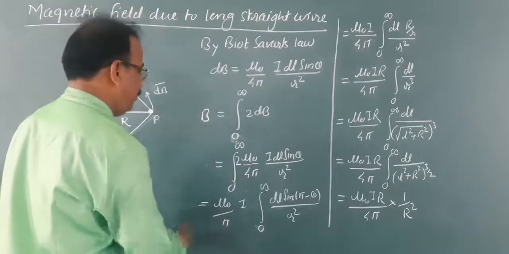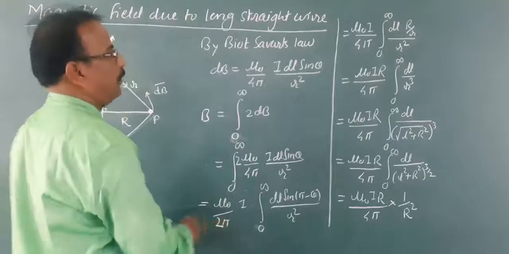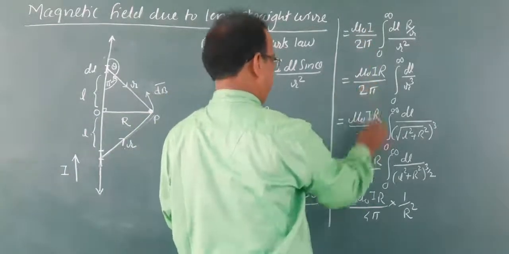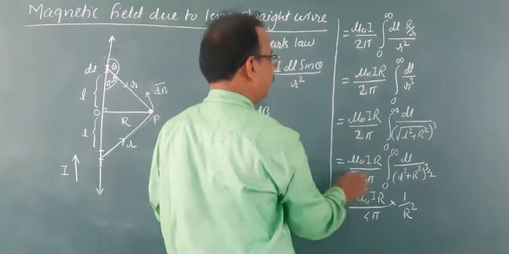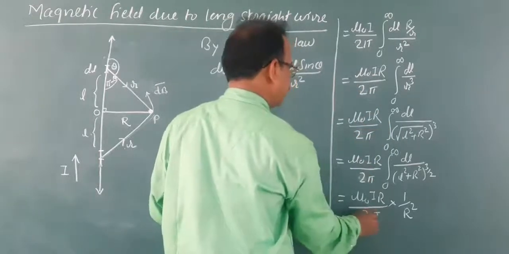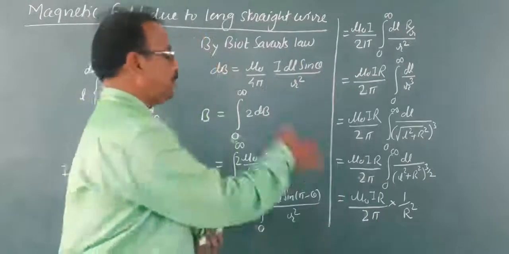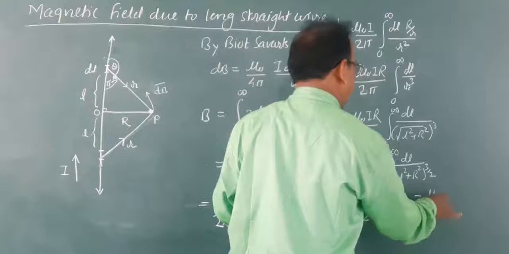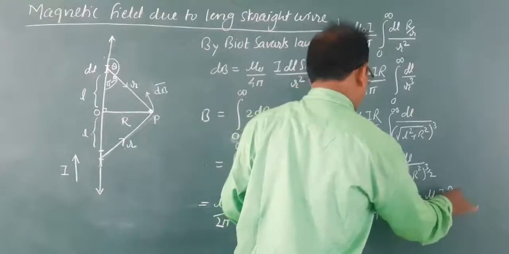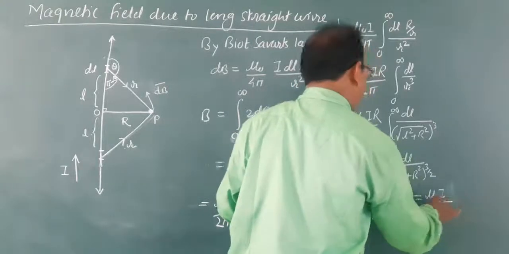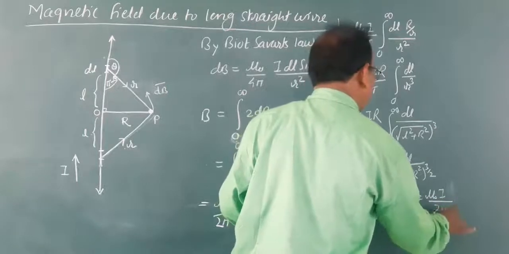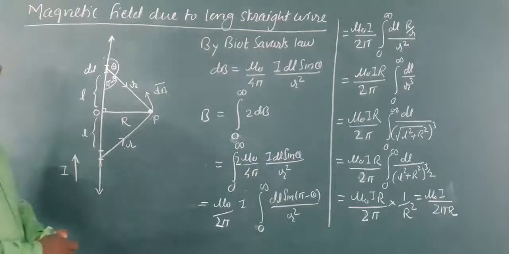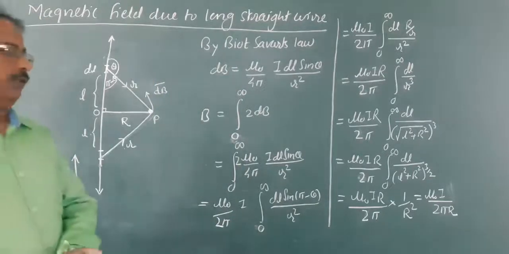This comes to mu 0 upon 2 pi. Write this mu 0 upon 2 pi. Cancel one R. You get the expression for this magnetic field: mu 0 into I upon 2 pi R.